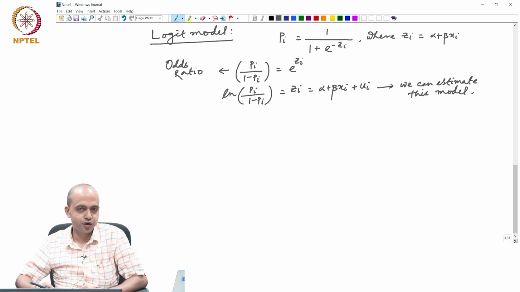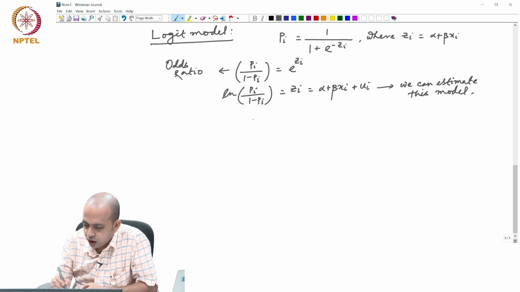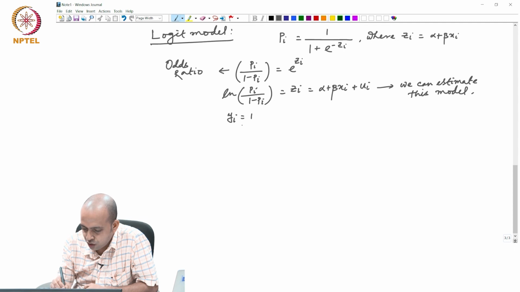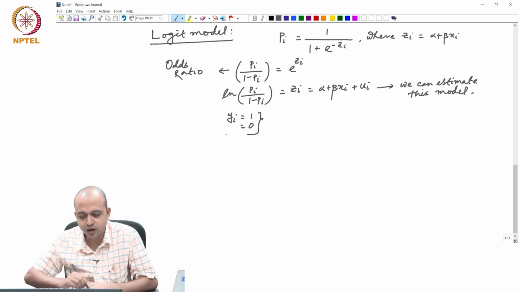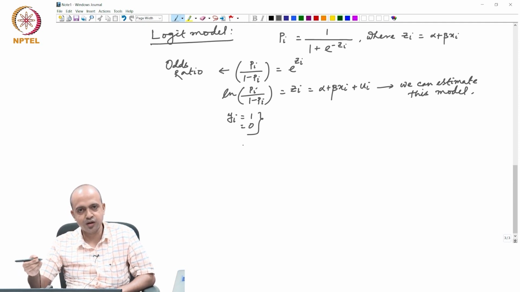Now, how will you estimate this model? You have information on y, and y can take two values, yi equals either 1 or 0. Yi equals 1 indicates the individual owns a house, and 0 indicates not owning a house.